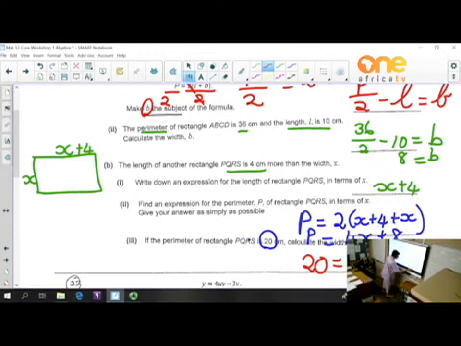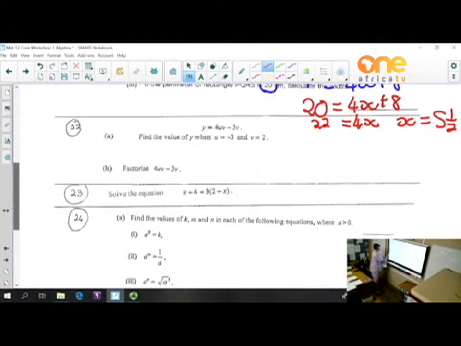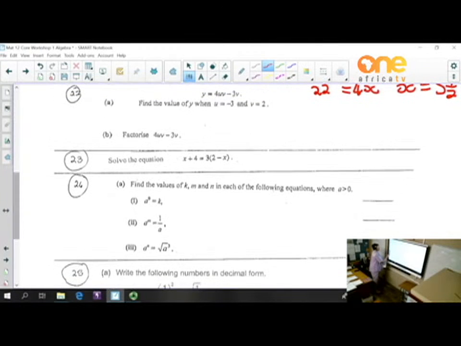So 4x is equal to 20 minus 8, which is 12. And then x is equal to 4 divides into that one, 3 centimeters.